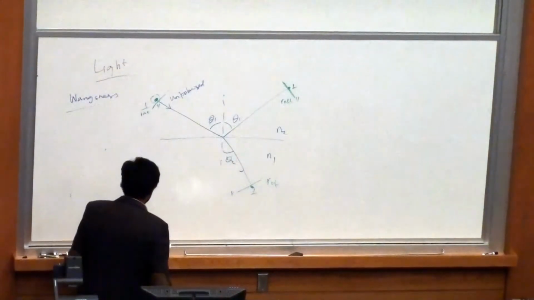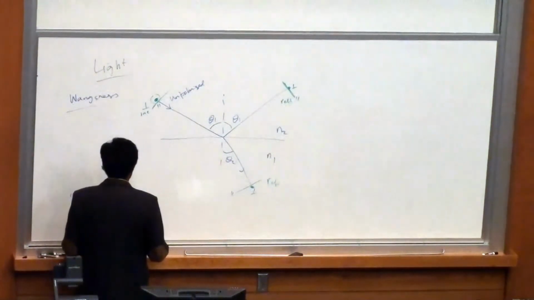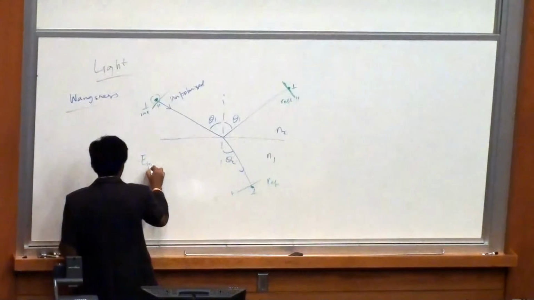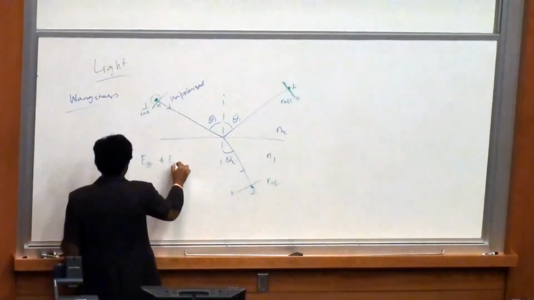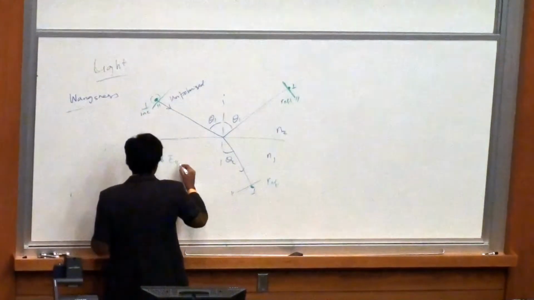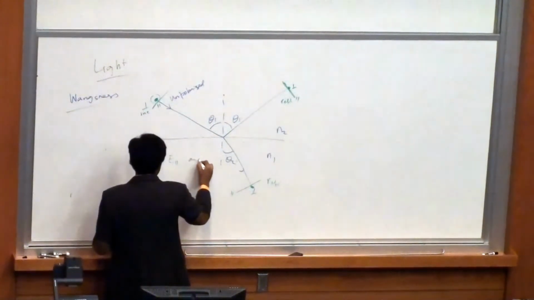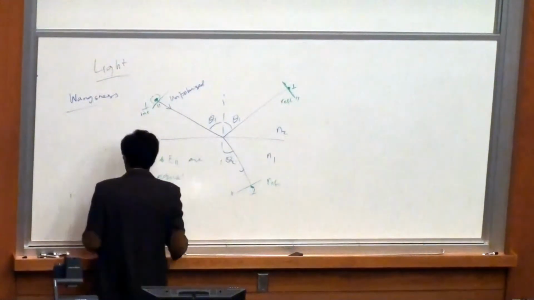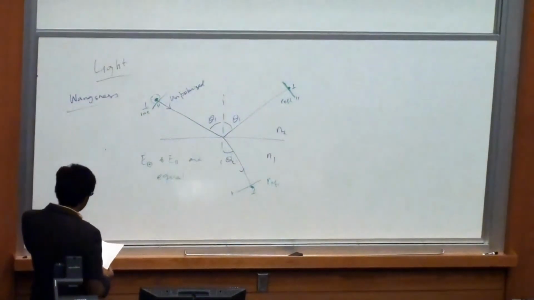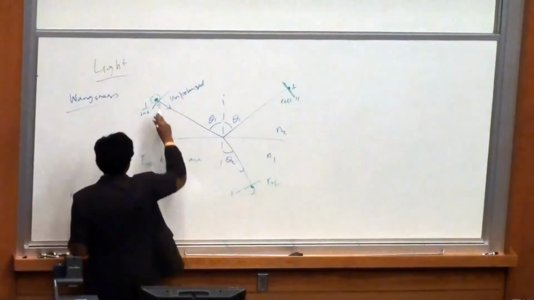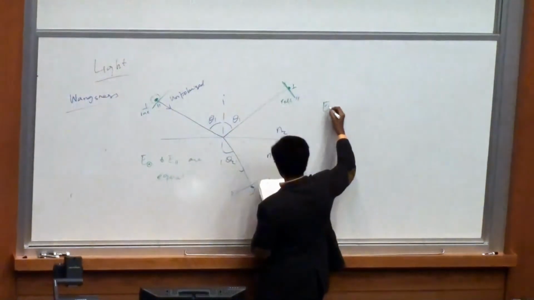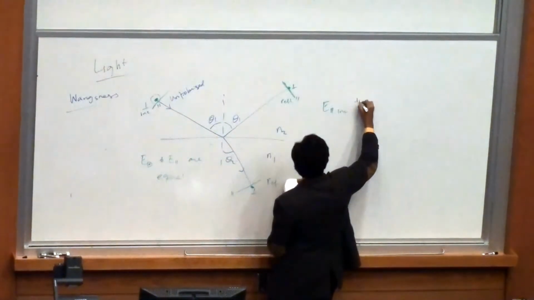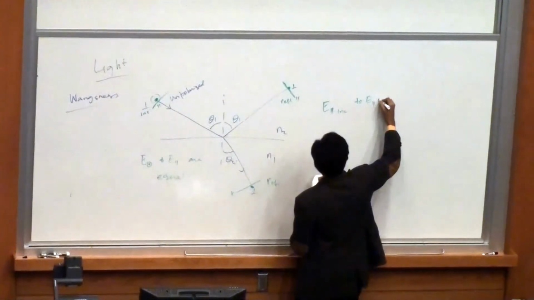electric field. Because it has no preferred direction, the perpendicular electric field and the parallel electric field have intensities that are both the same. Now, what Maxwell's equations can do is relate this to that. It can relate E perpendicular in the incidence to E parallel in the reflected.